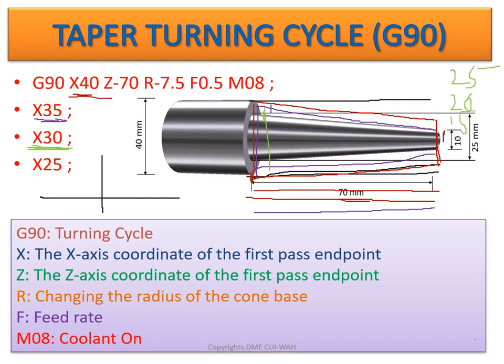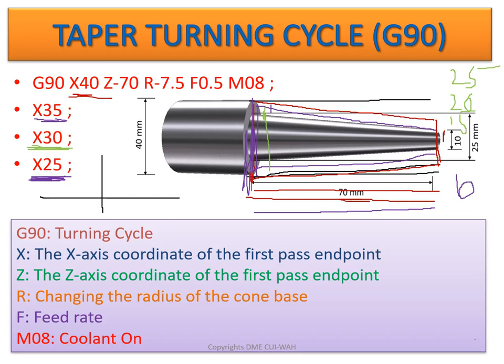From the right hand it has now reached 15 mm, and from the left hand it has now reached 30 mm. In the last and final cycle, the diameter will be 25 mm, x25. X25 means at this end now, at the left end the diameter will be 25 mm, and removing 5 mm again from the right side, from 15 it will now be 10 mm at this side.